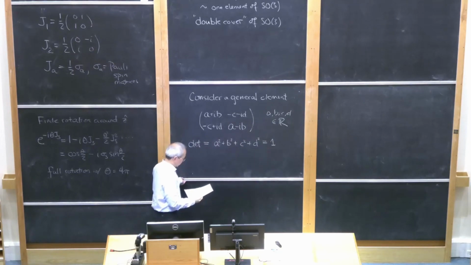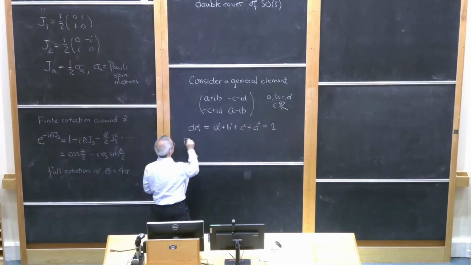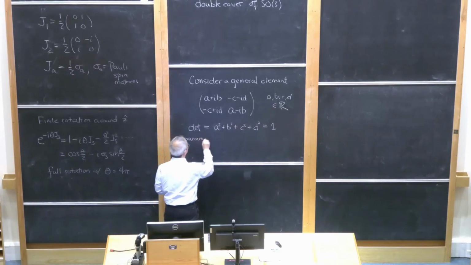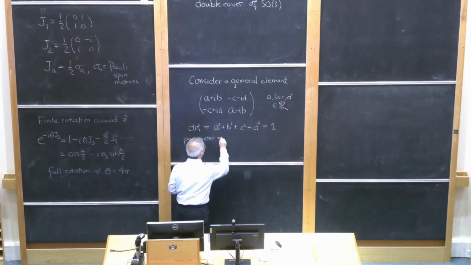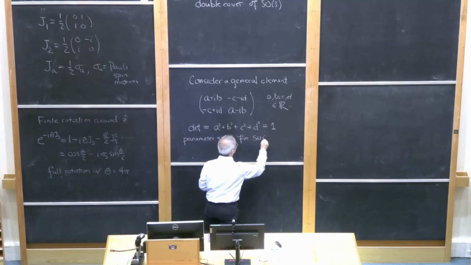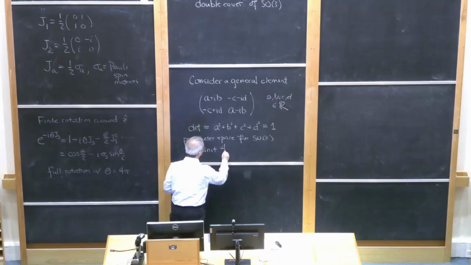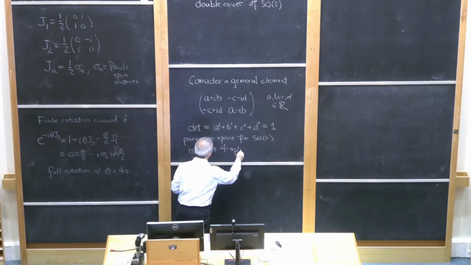Okay? So the parameter space for the SU2 Lie group is equivalent to a unit sphere in 4 dimensions.